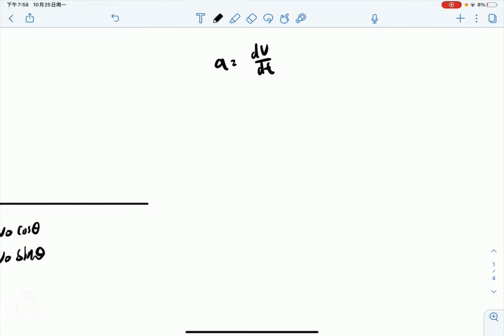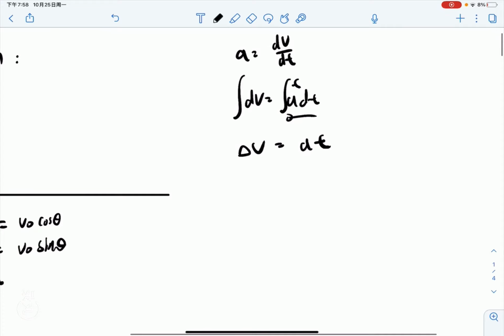Now if the acceleration is constant, then we have dv is equal to a dt, and we take the integral of both sides, from 0 to t. So v final minus vi is equal to at, and v final is equal to vi plus at.